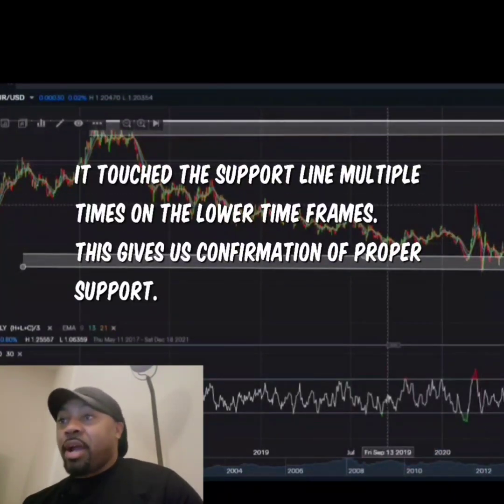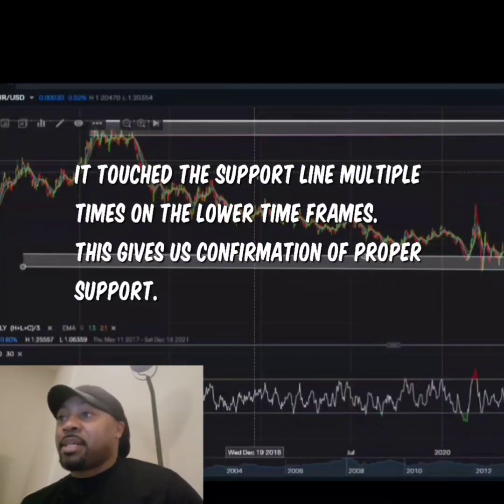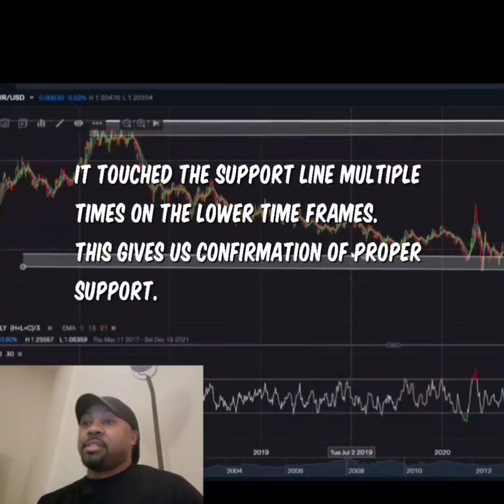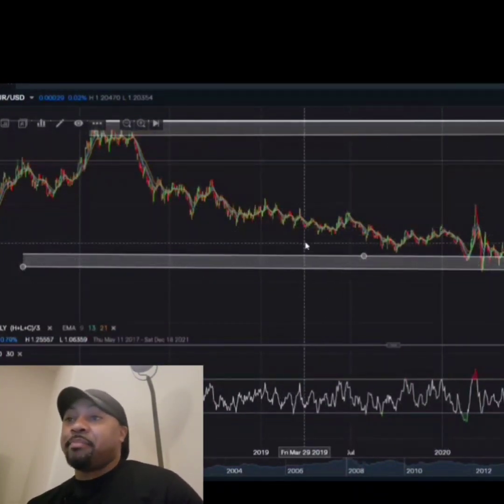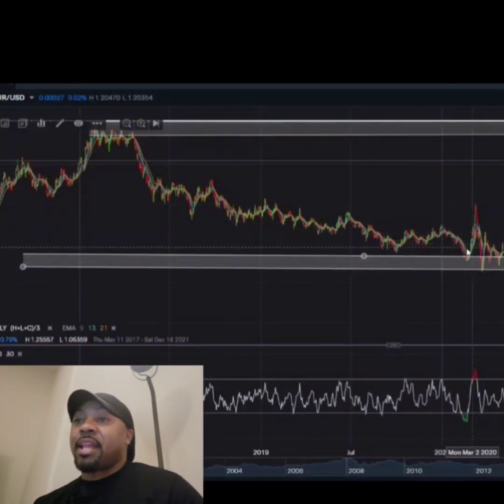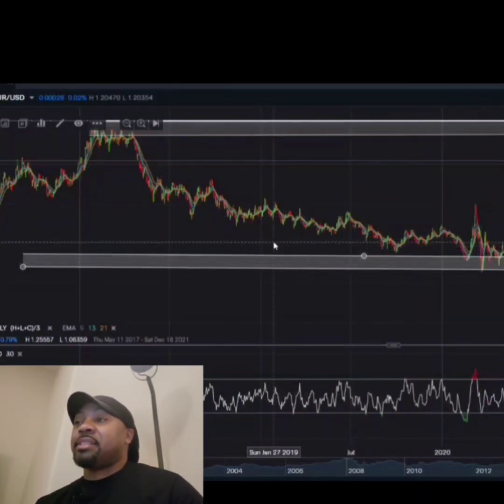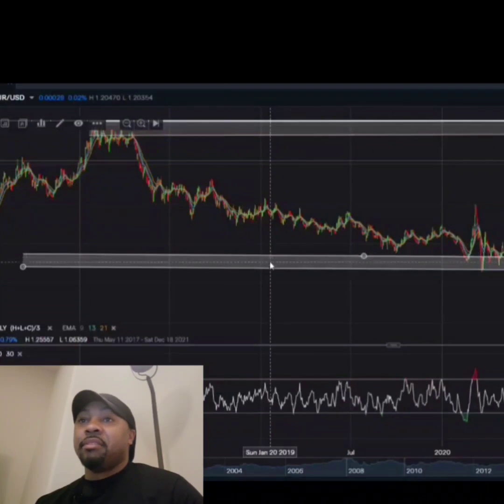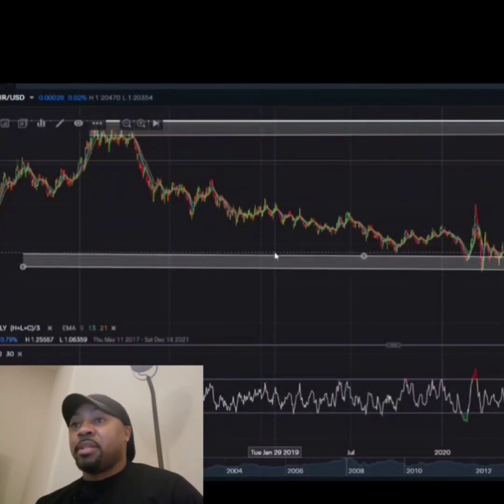All right, so as traders, you want to find those areas because those would be your areas of interest. Now, you just don't want to enter the trade based off these areas alone. You want other confirmations, but this is part of the basics of trading. So when you hear me on other videos say support and resistance, this is what I'm referring to.